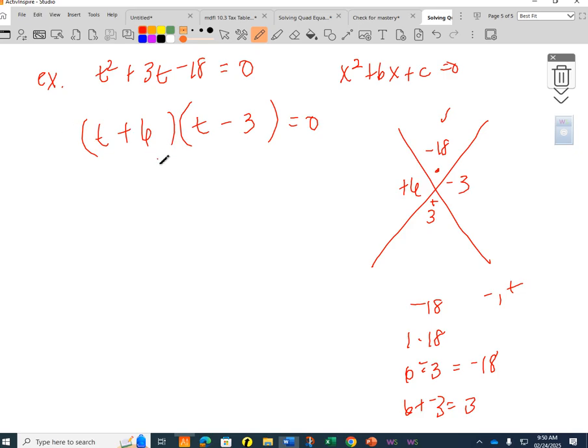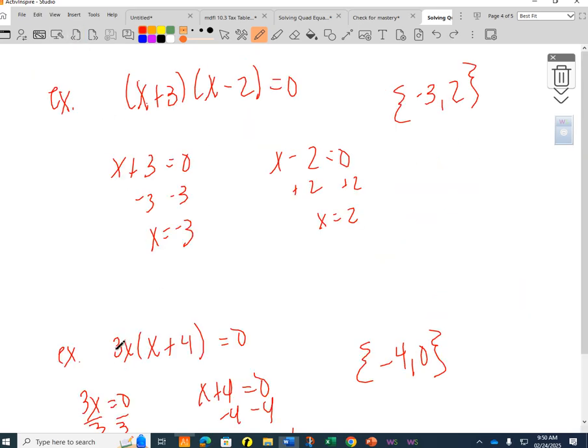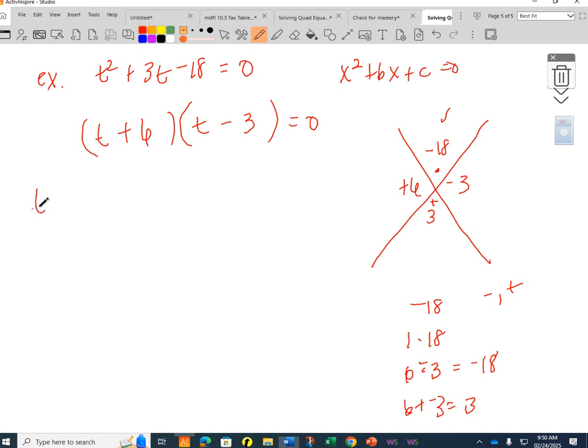Now we put them equal to 0. If they're both in parentheses, it's easier to recognize, I think, than this last example. Last example is a little bit more confusing because this is not in parentheses, but it doesn't have to be. So here we have two factors, set them equal to 0, and solve.